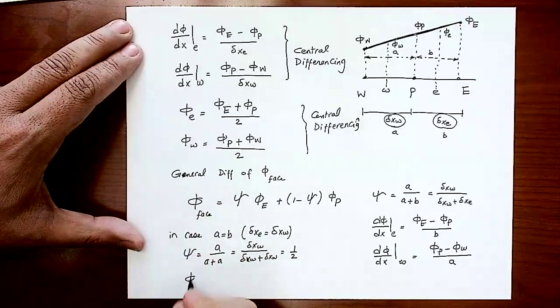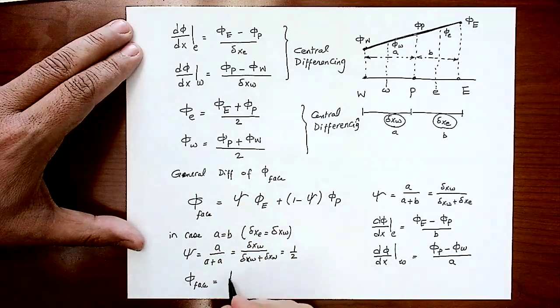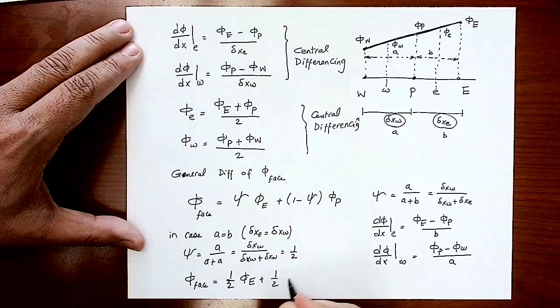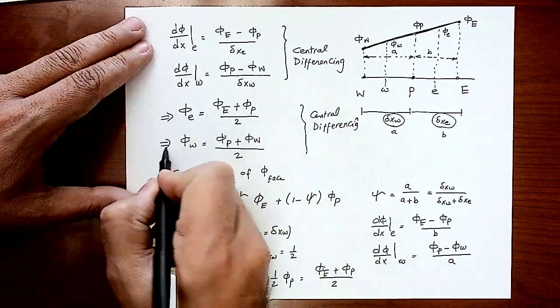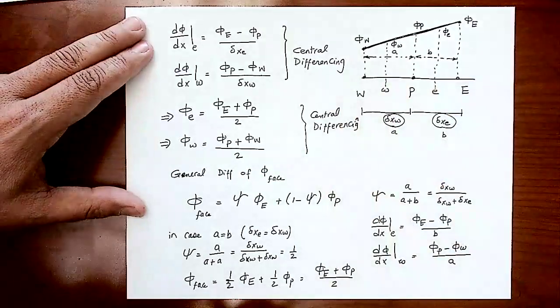So phi at the face is equal to psi, which is half, times phi east, plus 1 minus half, which gives me half phi p. So I'm going to end up having phi east plus phi p divided by 2, which means that this approximation that we used here is only defined when you are choosing these distances equal.